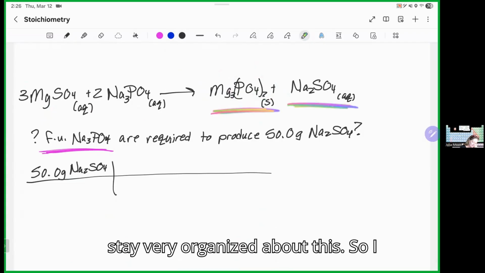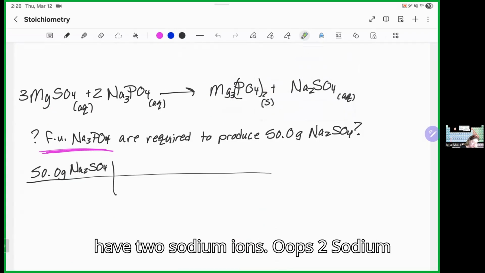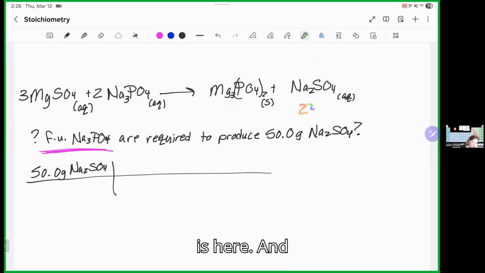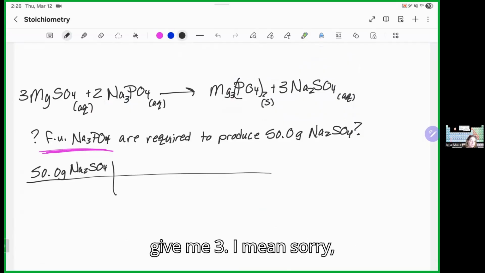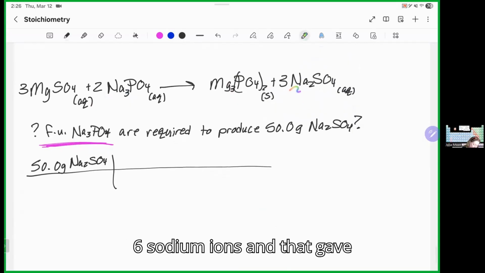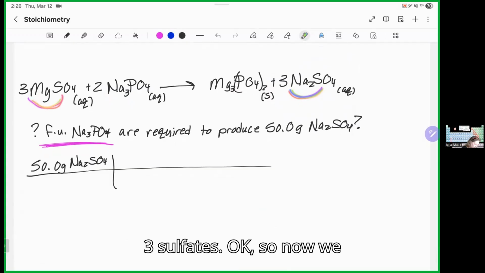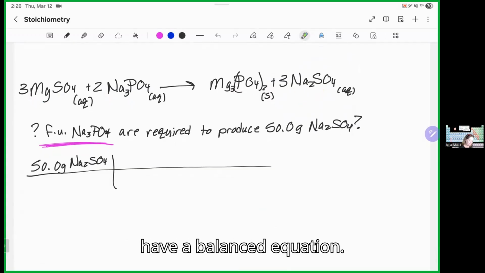Stay very organized about this. So I have 2 sodiums here and 6 sodiums here. So I'm going to put a 3 in front of my sodium sulfate to give me 6 sodiums. And that gave me 3 sulfates, and I have 3 sulfates. Okay, so now we have a balanced equation.